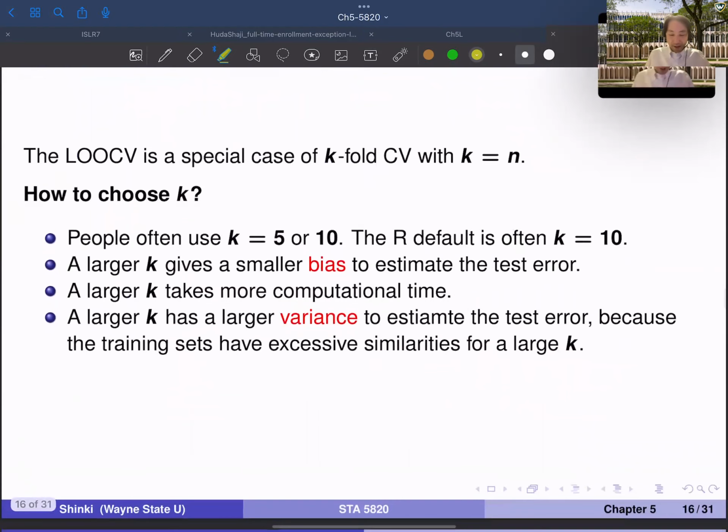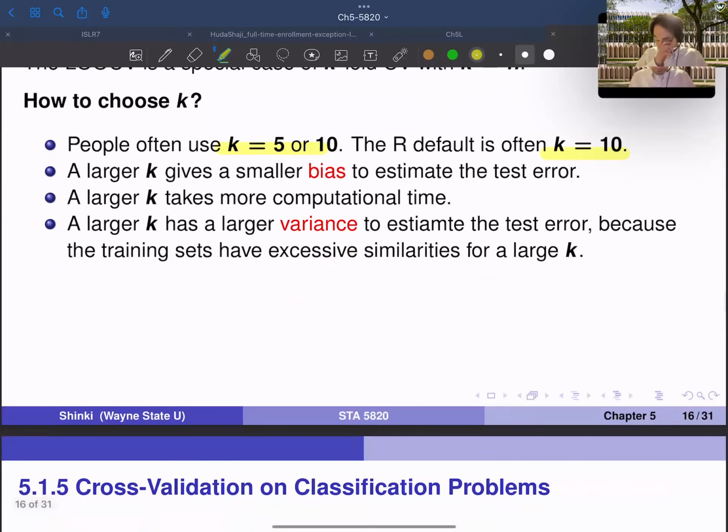And how to choose K? Yeah, K, 5 or 10 is fine. Sometimes I use just 2 or 3 if the model is very computer intensive, like a large neural network. You can always start with small K. Then if you have more computational power, you can make it larger.